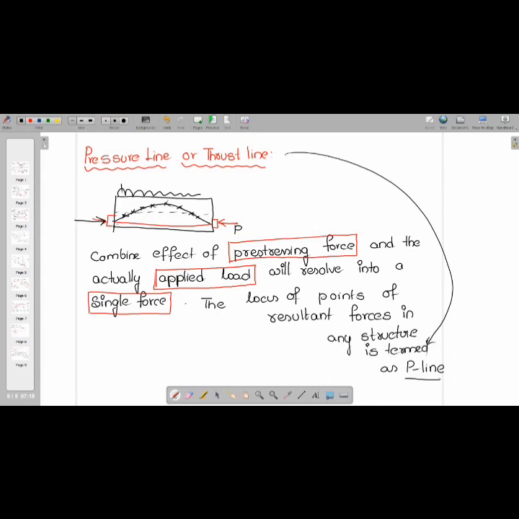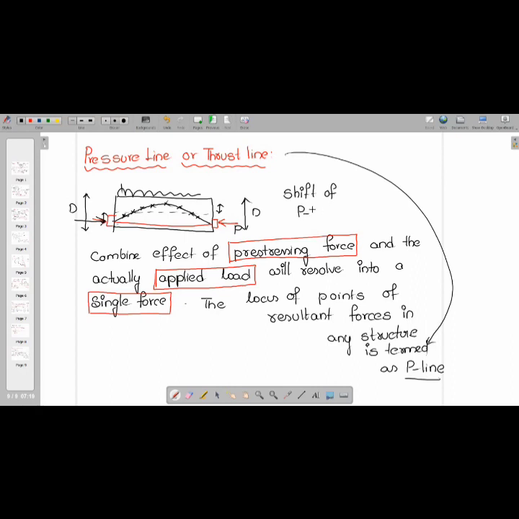Now see students, they can ask you, what is the shift in the P line or pressure line? The shift in the P line or pressure line at top or bottom is, this is important. This can be an objective question. If the depth of the beam is D, the shift of P line is very important.